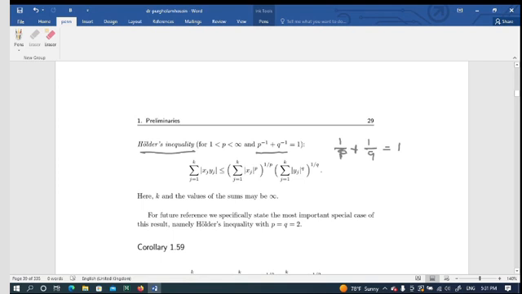In this condition, we have this inequality called Holder's inequality.